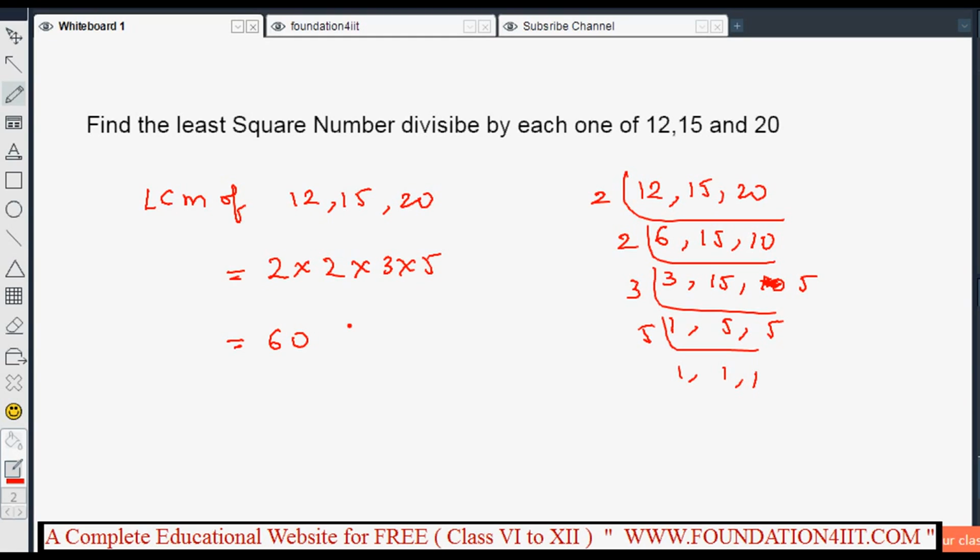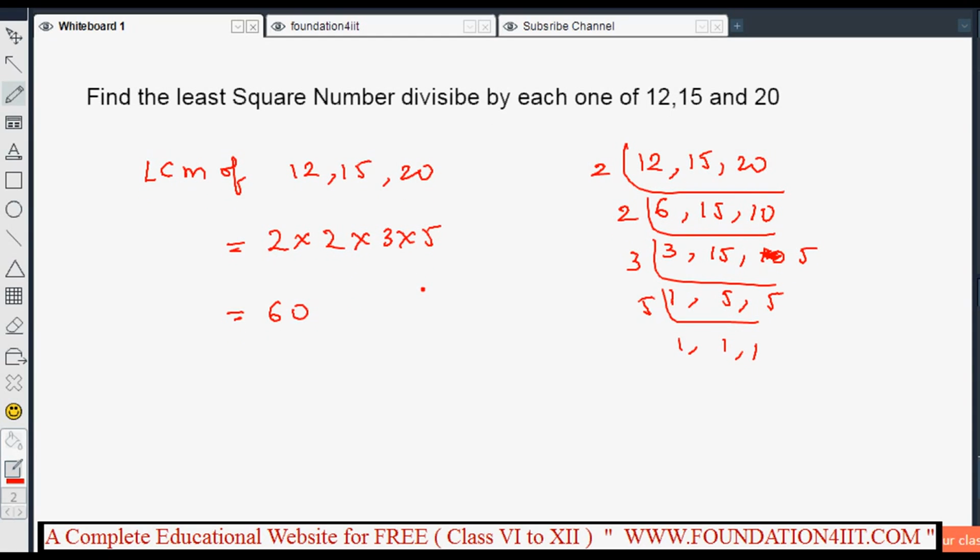By prime factorization of 60 we will get the least square number they are asking. So again you have to do the prime factorization for 60 now: 2 into 30, 2 into 15, 3 into 5.